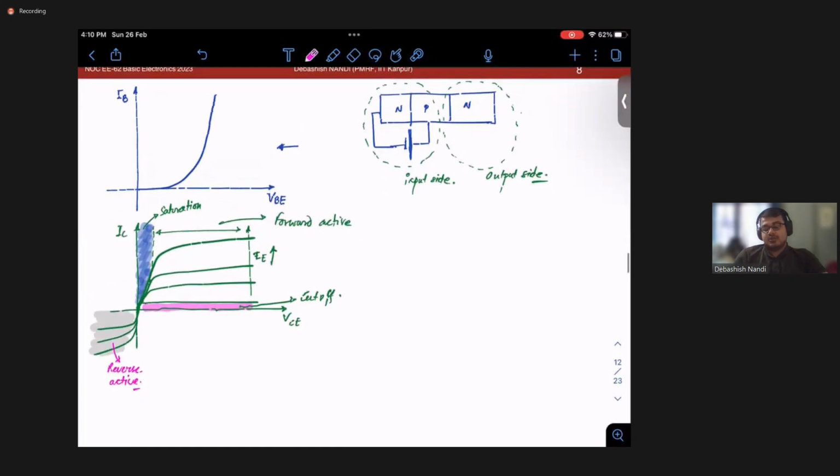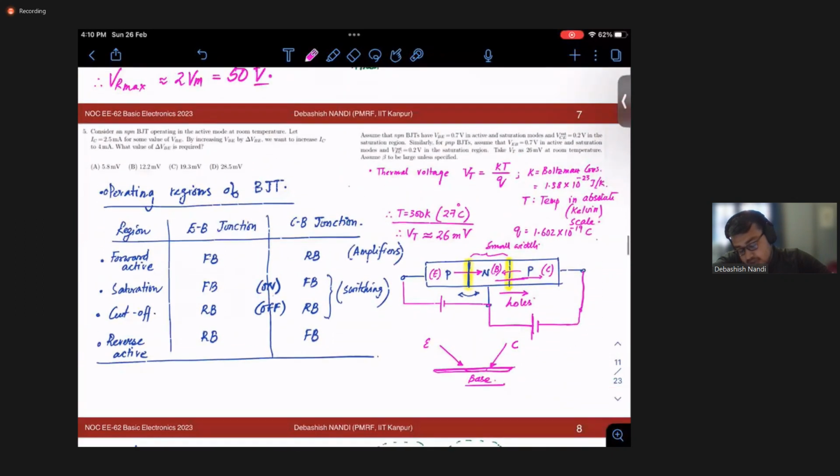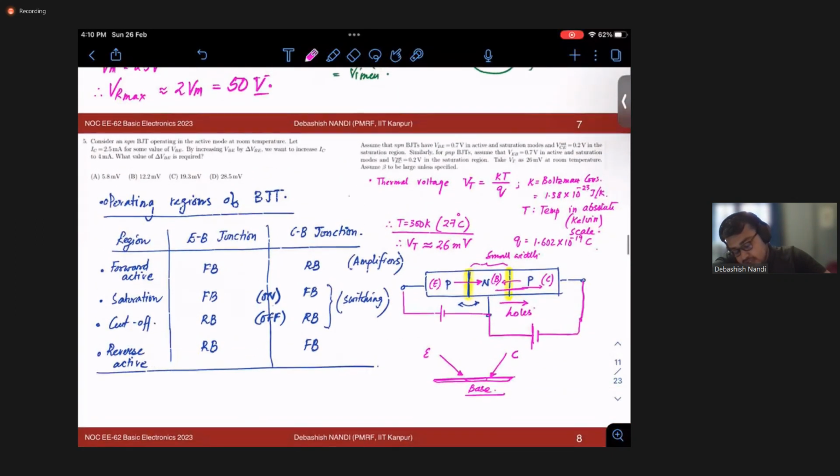This is how we designate the range of operations. So okay, I think we can start solving the problems. So the first question is this, let me copy the question.